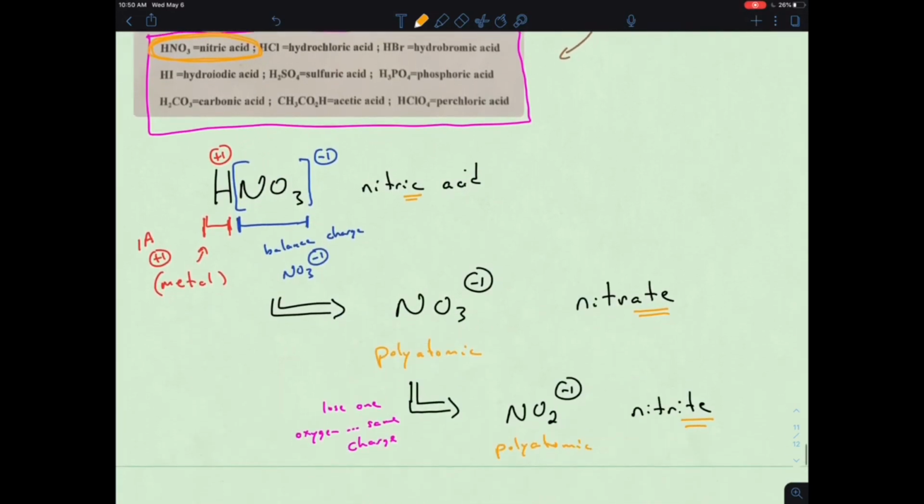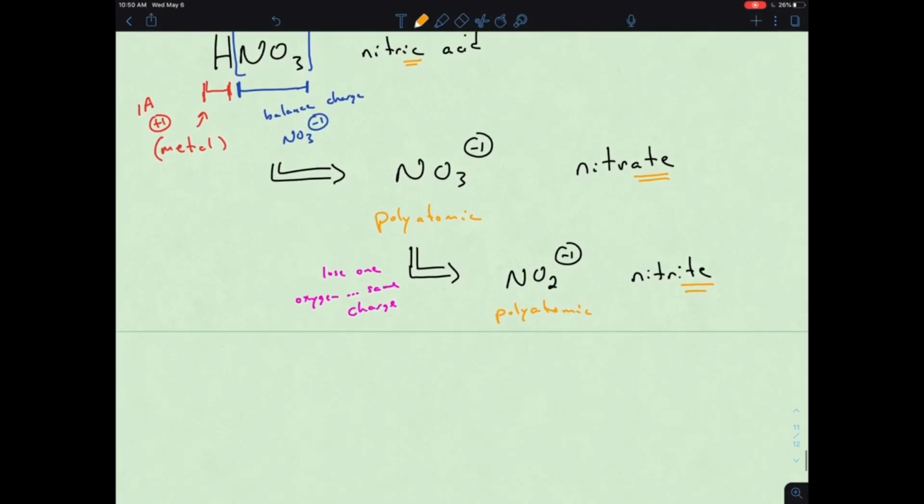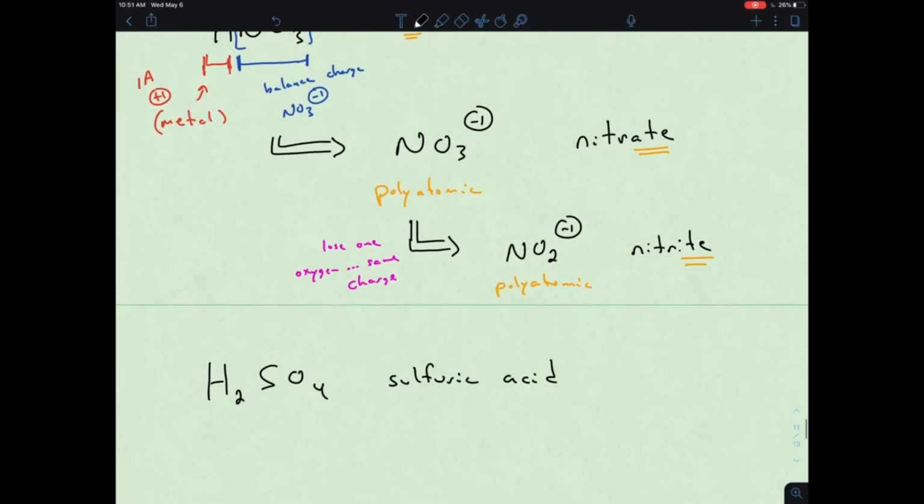We can do the same thing with sulfuric acid. If I do the same kind of process, right? My hydrogen here again is that kind of metal representation. It's 1A, has a charge of +1.